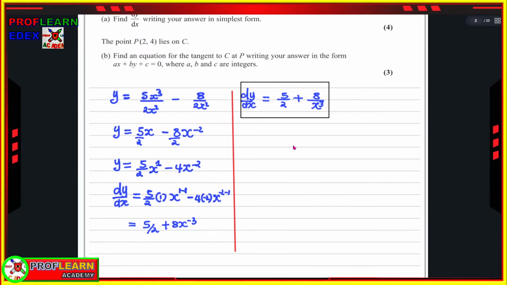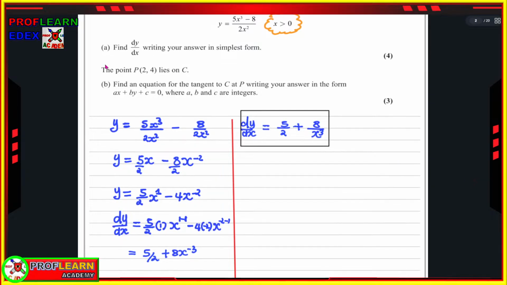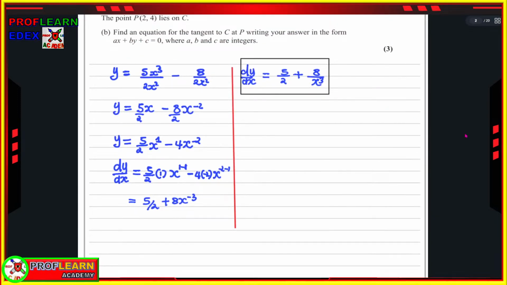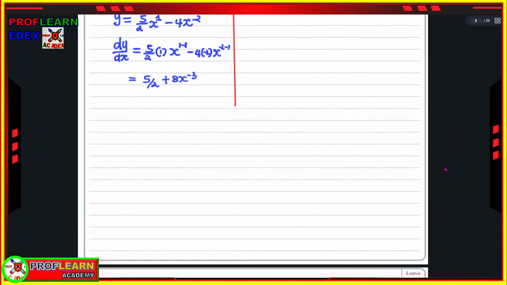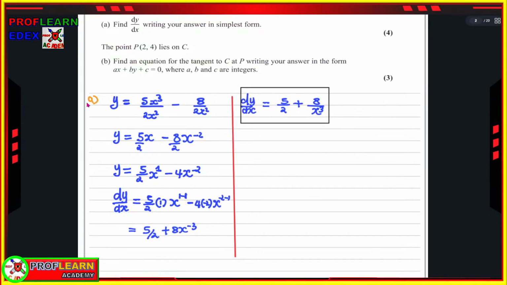Moving on, the point P lies on C. Find the equation of the tangent to C at point P. Already we have the gradient function, so now we move to part B. We work out the value of dy/dx at x equals 2.